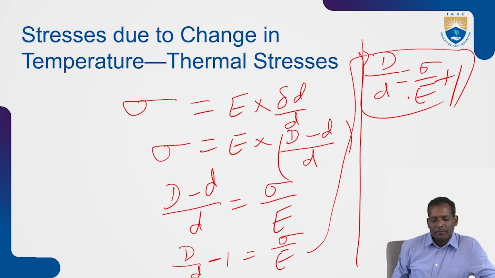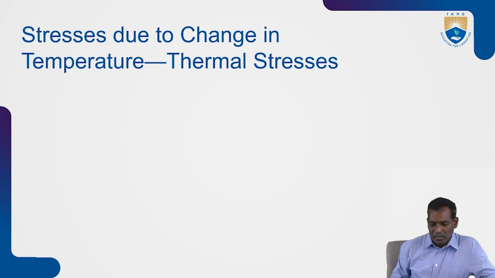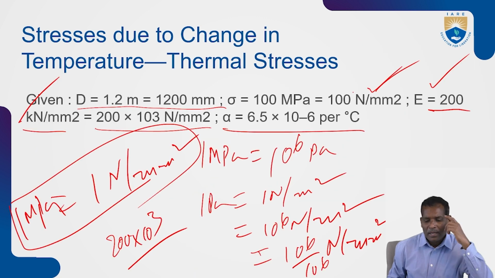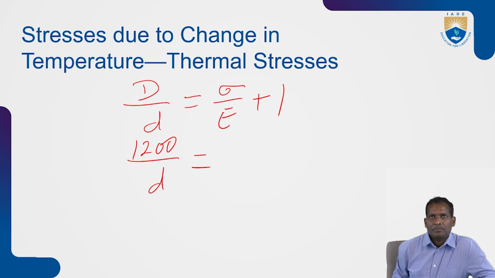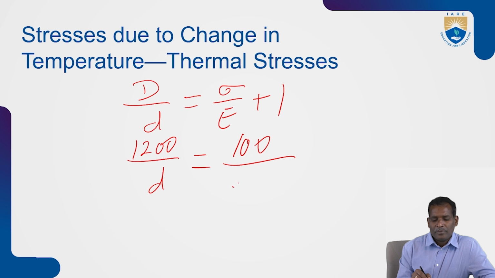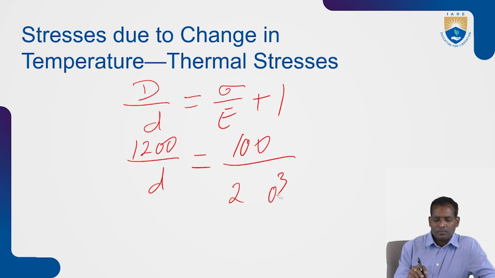Capital D is 1200 mm, 1200 by small d, we don't know, and sigma also you know, 100 Newton per mm square, and E is 200 into 10 cube Newton per mm square. 100 Newton per mm square by 200 into 10 cube, plus 1.